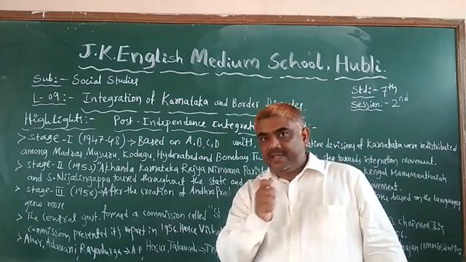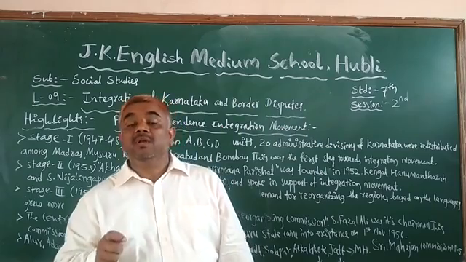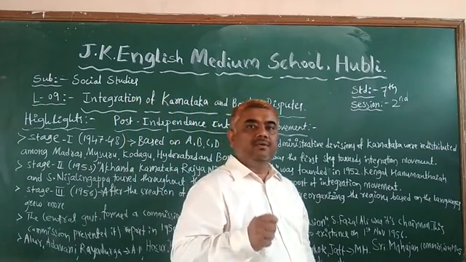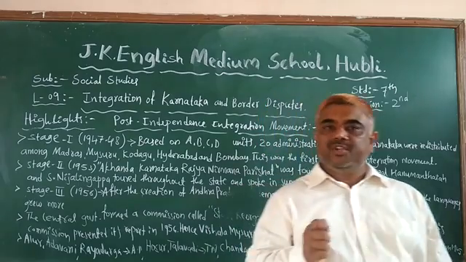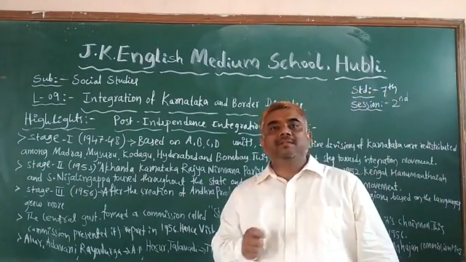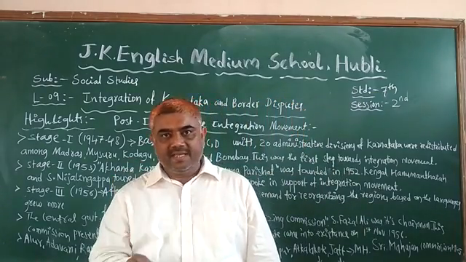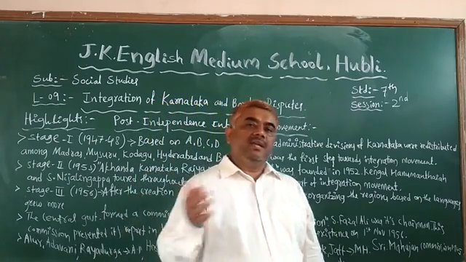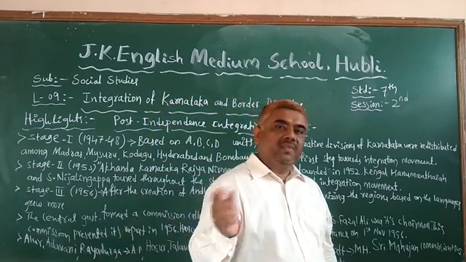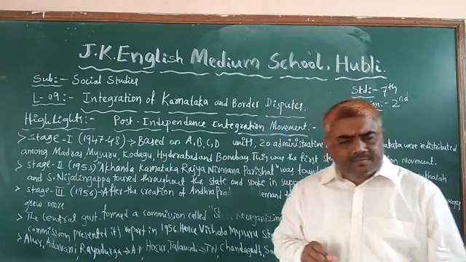The people of Karnataka, the Kannadigas, were able to have their own administrative unit and their own state, which was formed in 1956 and renamed Karnataka in the year 1973.